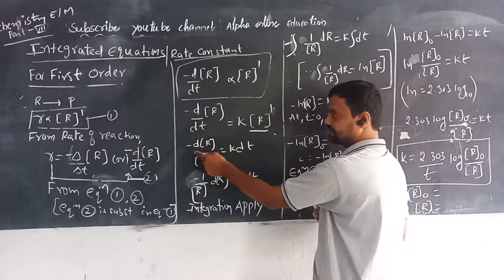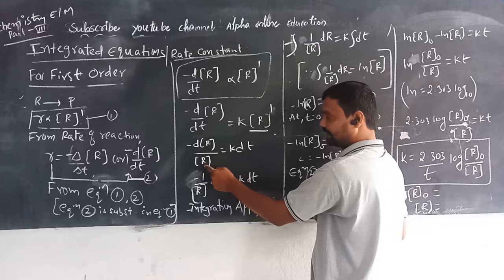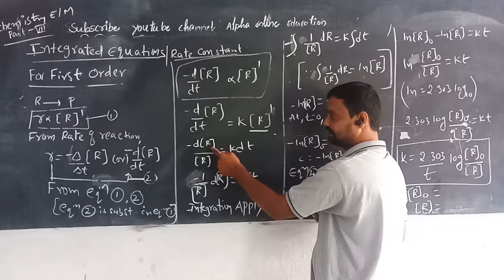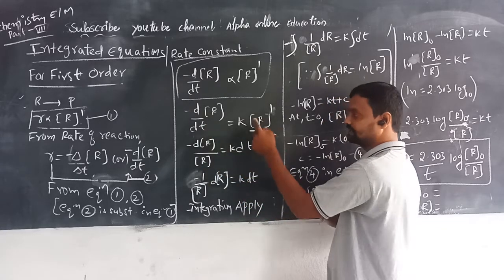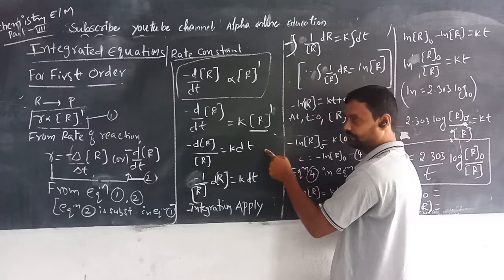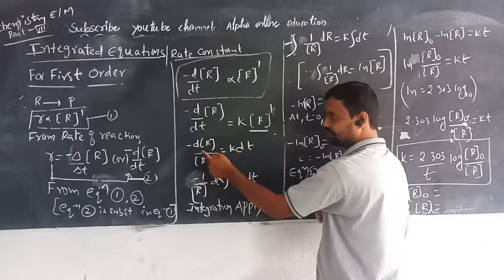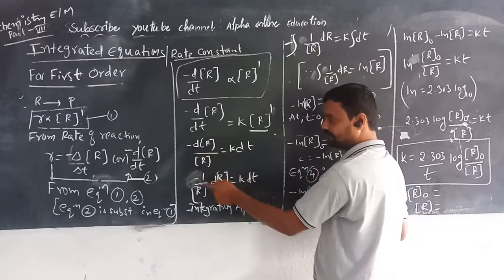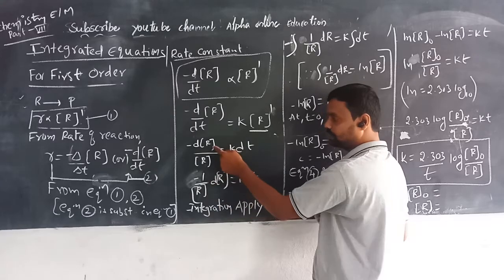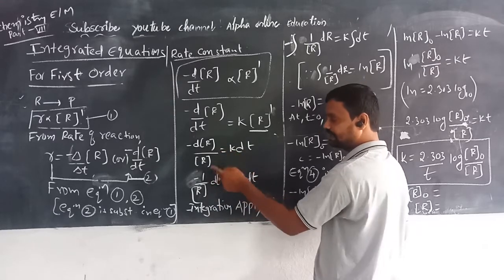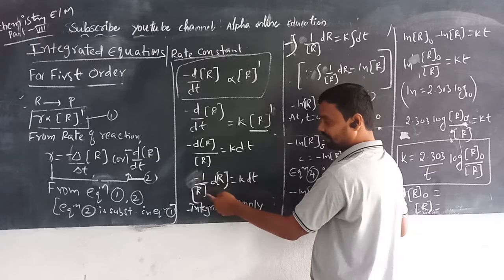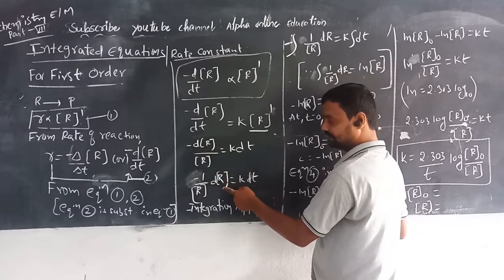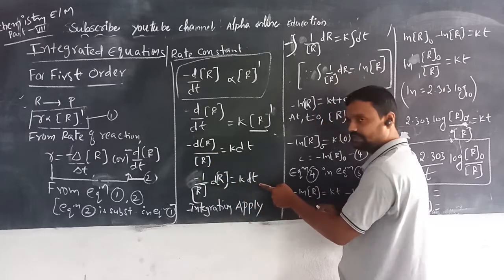Then dt goes to this side, so this is expanded as minus 1 by R dR is equal to K dt.